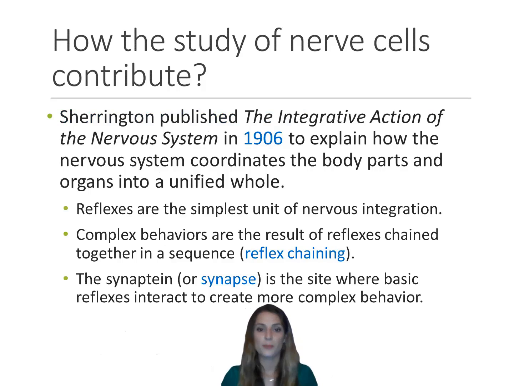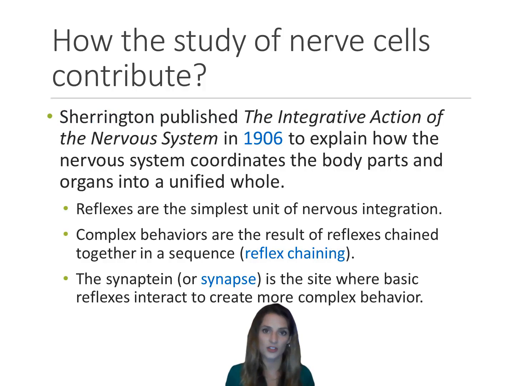Sherrington published a book in 1906 to explain how the nervous system and the body coordinate to make the behaviors that we see every day. Reflexes, he said, are the simplest unit of this integration.